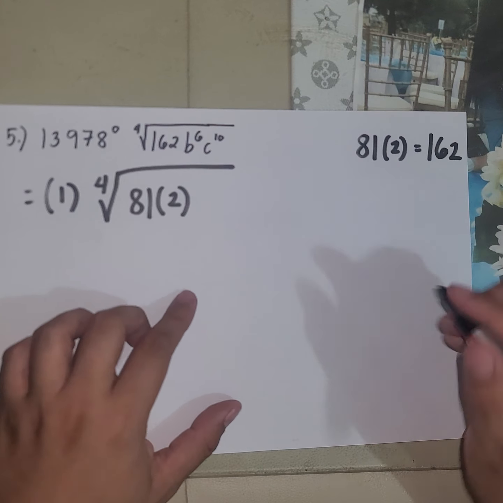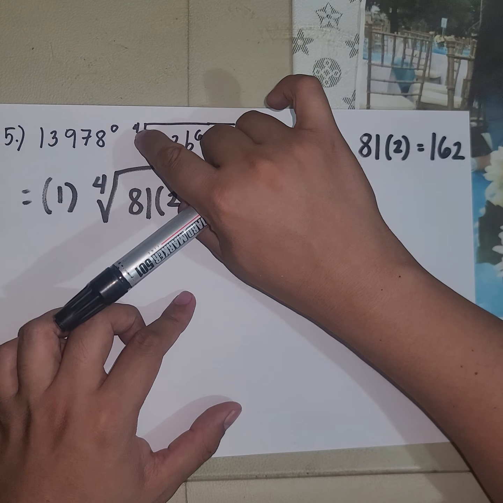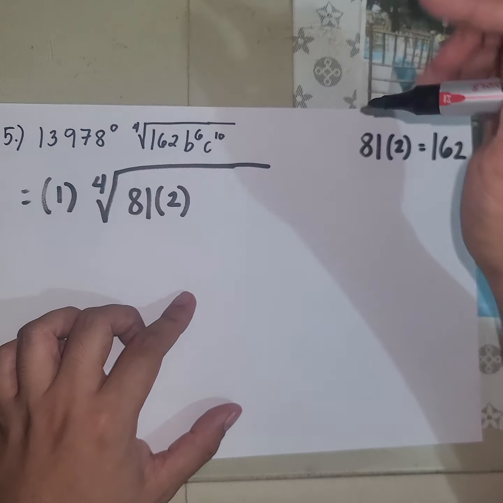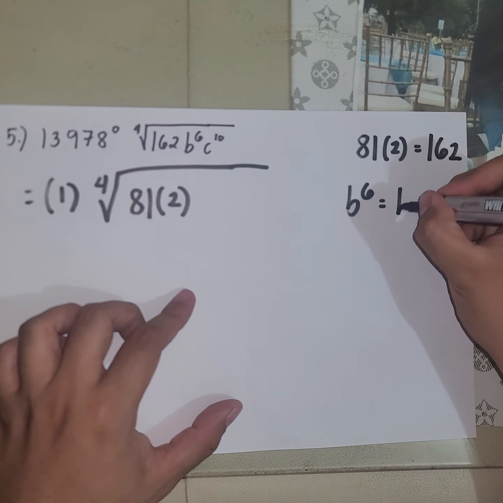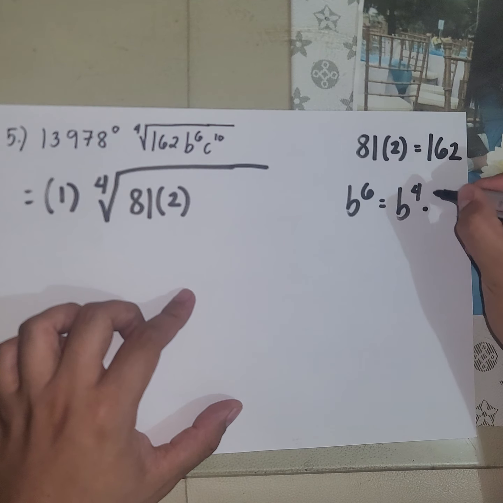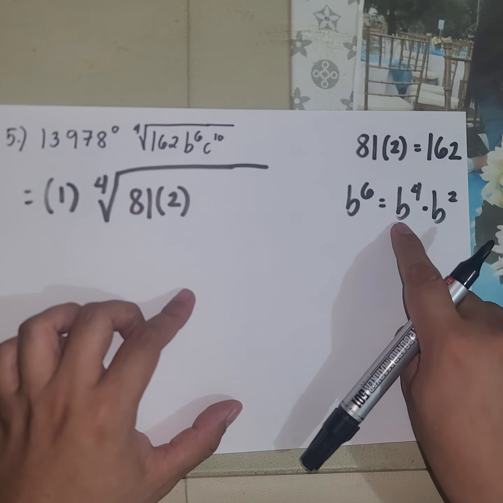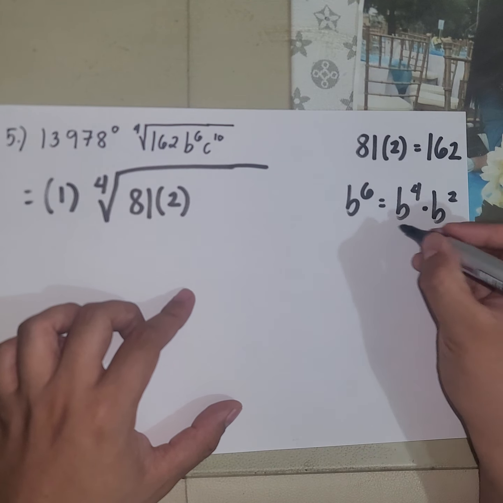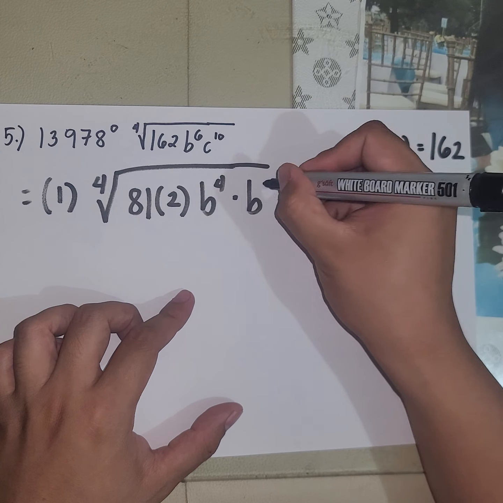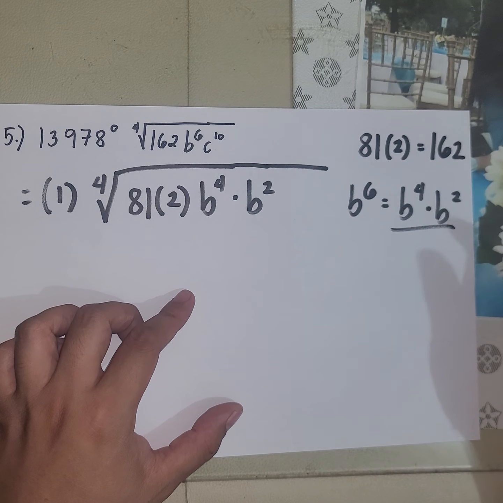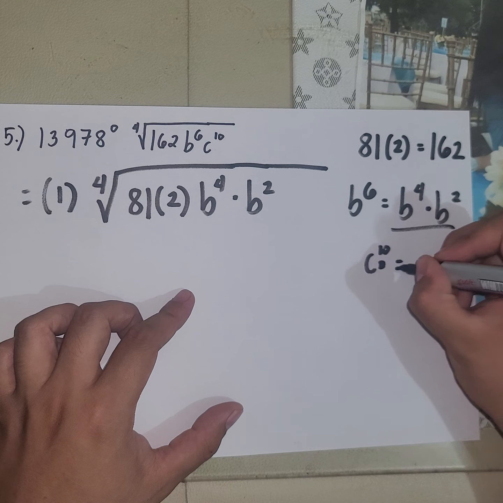And then, B raised to 6. Tandaan na, the exponent here is not divisible by 4. So, pwede natin paghiwalayin na yung B raised to 6 ay equal kay B raised to 4 times B raised to 2. Yung 4 plus 2, that is 6. Next, how about yung C raised to 10?